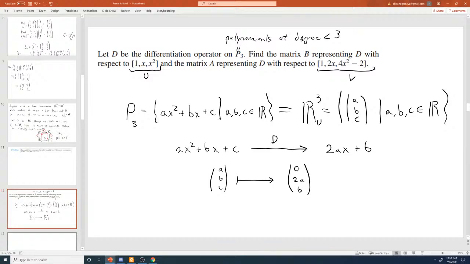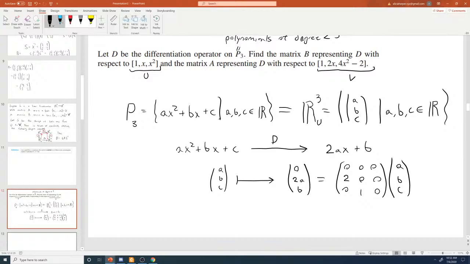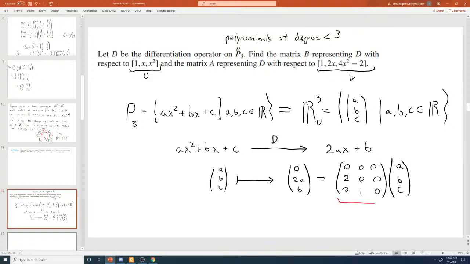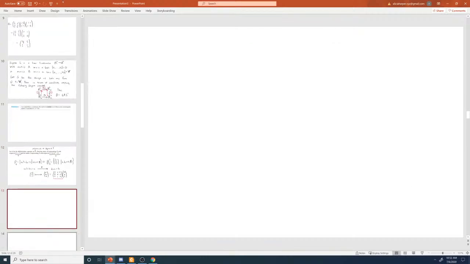This right here is the same thing as 0, 0, 0, 2, 0, 0, 0, 1, 0, multiplied through by A, B, C. So this right here is the matrix representing this linear transformation with respect to the basis U. So here's what I have.